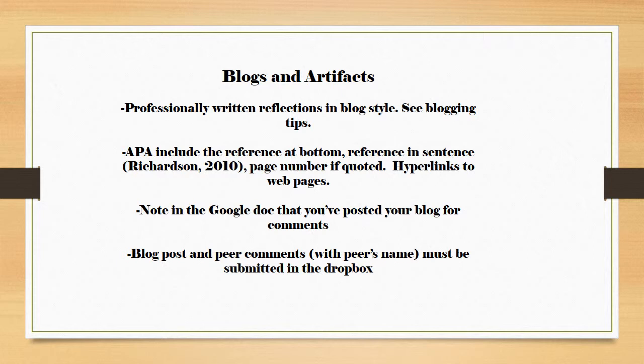You want to be able to reference different pieces. Richardson was the prior book, but if you use the names of the writers of the current text and put the date, that is fine. If there is a page number, it needs to be quoted.